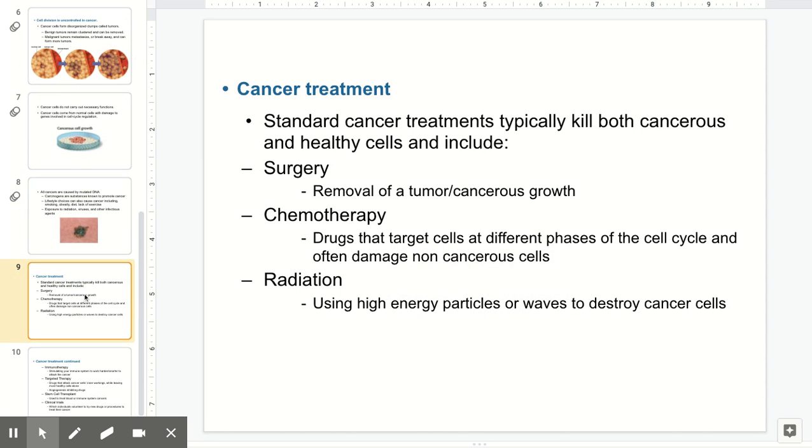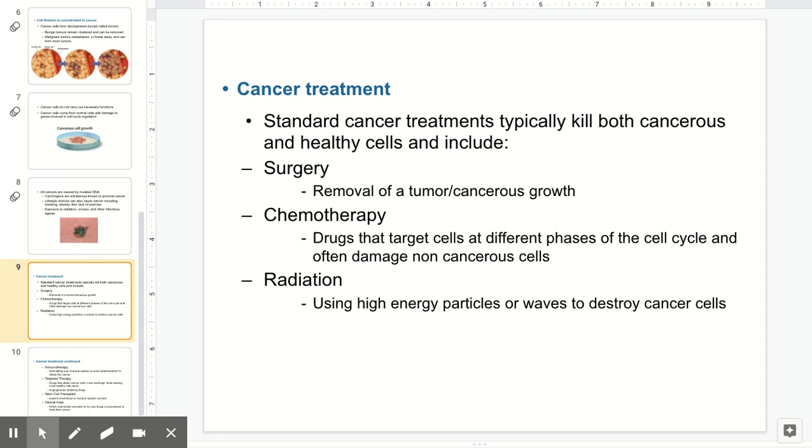And then in terms of cancer treatments, surgery, chemotherapy, and radiation are more common types of cancer treatments. They can do damage to healthy cells, though, particularly chemotherapy. Folks tend to lose their hair with chemotherapy because chemotherapy drugs destroy cells that are going through the cell cycle often, and hair cells are one of those cells that go through the cell cycle very often.